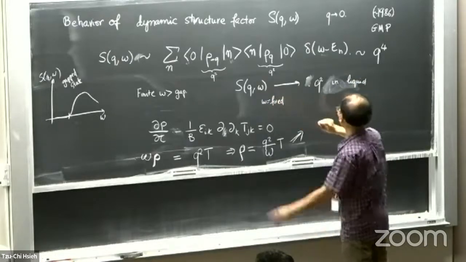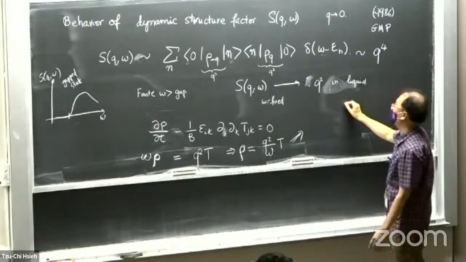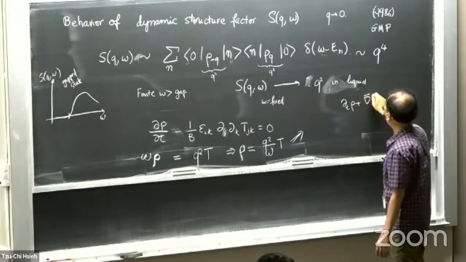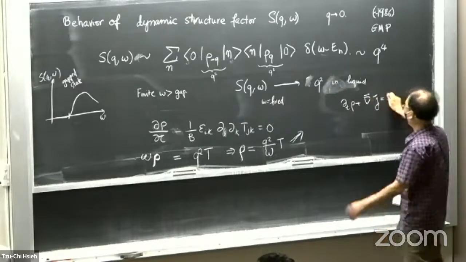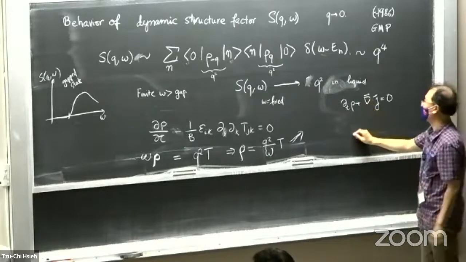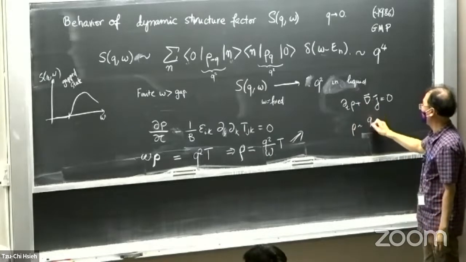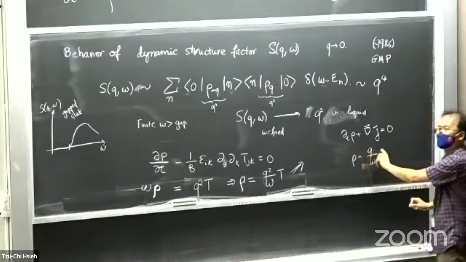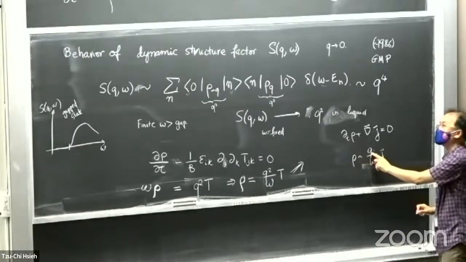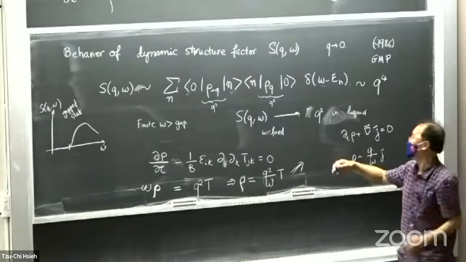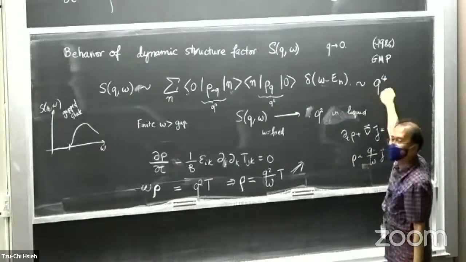It can also be understood in a similar way. In the usual liquid, the conservation law is an equation where we have a first time derivative and a first spatial derivative. And so rho is equal to Q divided by omega times J, so rho goes like Q, and this goes like Q squared. But in the quantum Hall liquid, the behavior of this function is Q to the 4.